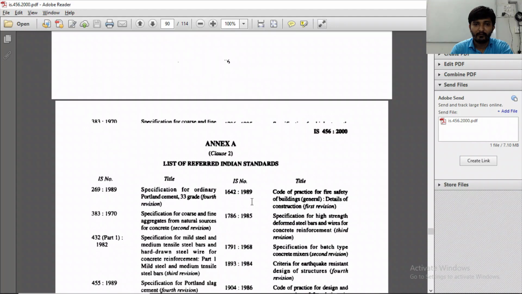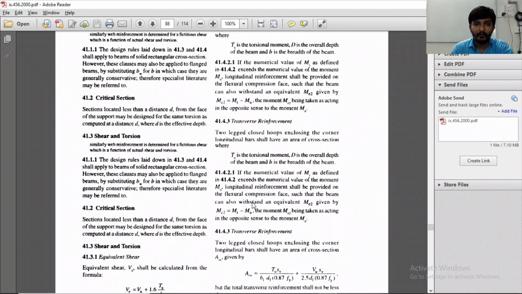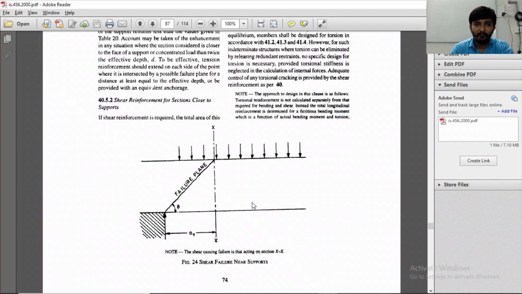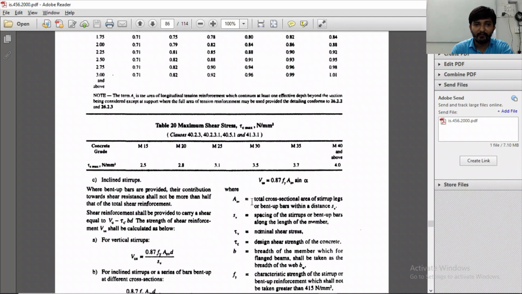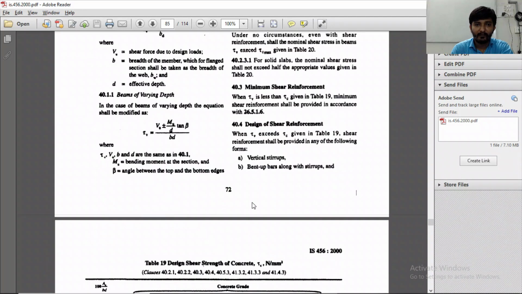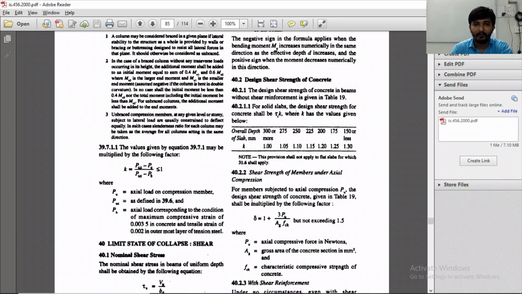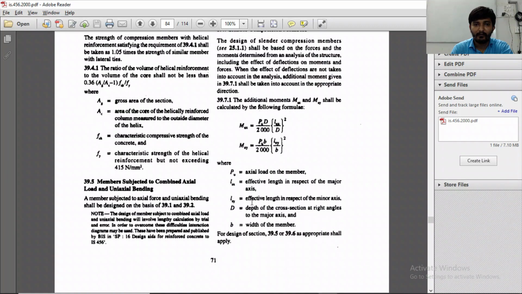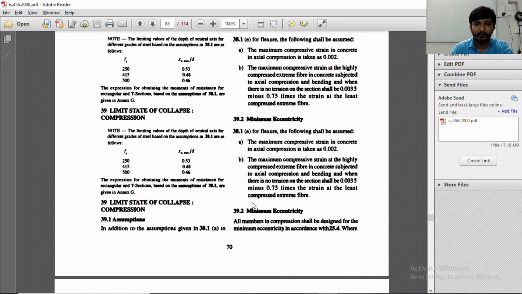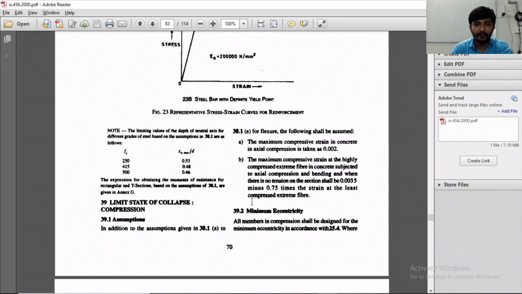I'm just going to the page where you can find the values of XU max divided by D. Yes, here it is, page number 70, right? As you can see here, for different grades of steel, 250, 415 and 500, the values are 0.53, 0.48 and 0.46 for Fe 500, right?